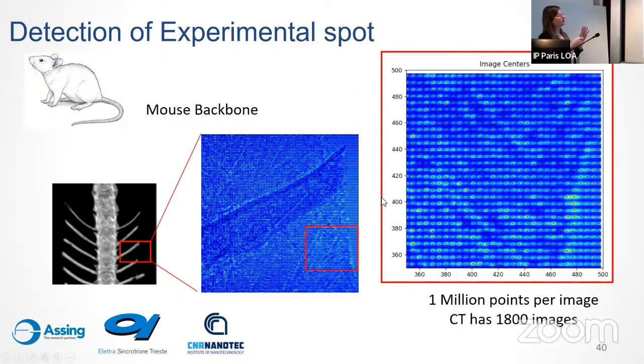And this is a magnified raw image where each red dot represents a center calculated by our algorithm. It's important to know that in each of these images, we have 1 million centers to find, and to perform a CT, we have 1,800 images in this case. So we have many spots to calculate to reconstruct the image, and so we need to be accurate, and of course, we need to be very fast.